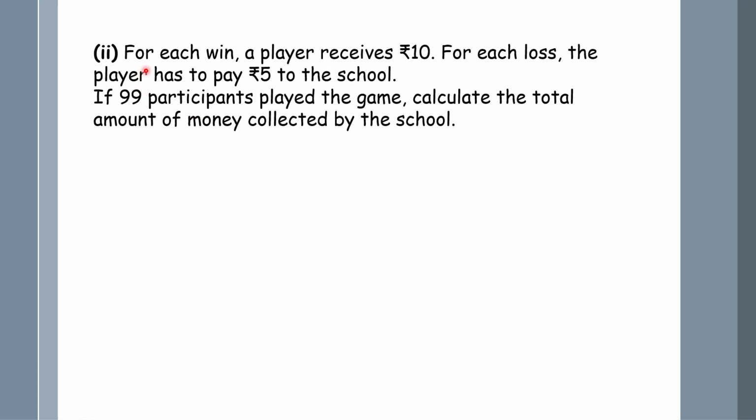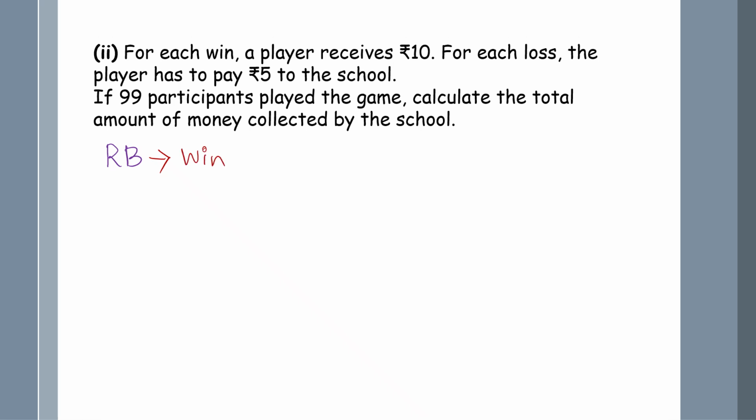So let us see the second subdivision of the problem. Here, for each win, a player receives ₹10, and for each loss, the player has to pay ₹5 to the school. The player is declared a winner when he or she gets the outcome RB. When they get red blue, they will be making purple, so they will be declared a win.